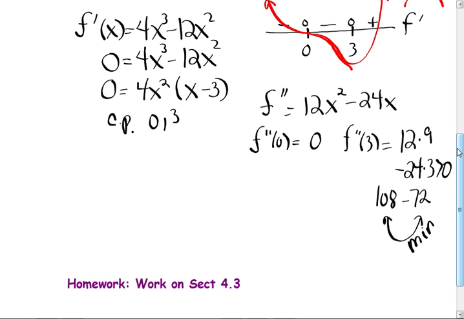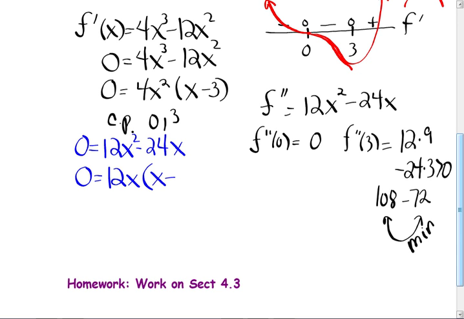Now let's get concavity. Let's get inflection points. So 0 equals 12x squared minus 24x. We found one. Let's factor that out. What do you get? And then it's x minus what? 2. And again, I'm going to do a little sign graph, a line graph.